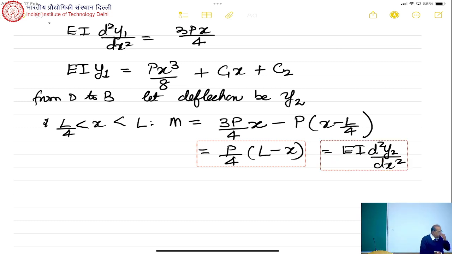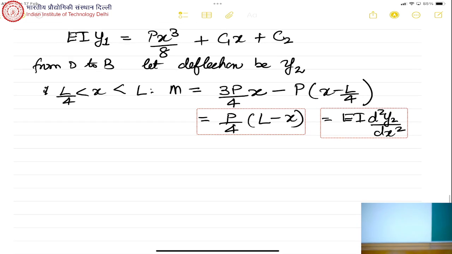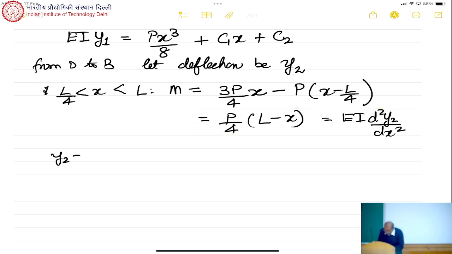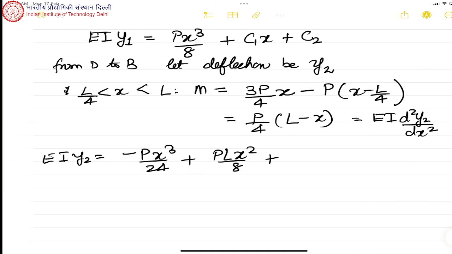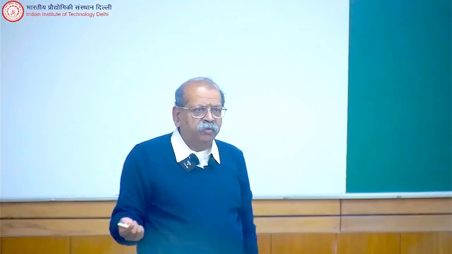Now from here you can get the expression for y2, or EI y2 will be equal to minus P x cube upon 24 plus PL x square upon 8 plus C3x plus C4. You integrated 2 times, there will be 2 constants of integration which will be different from the earlier ones. We call them C3 and C4.